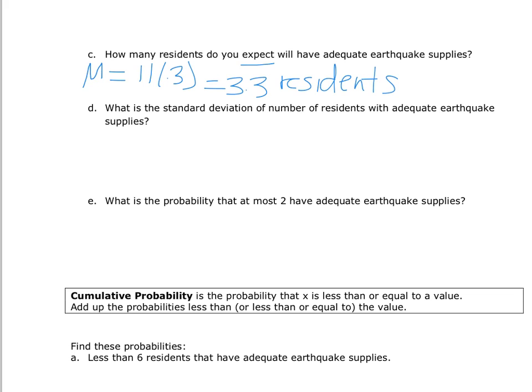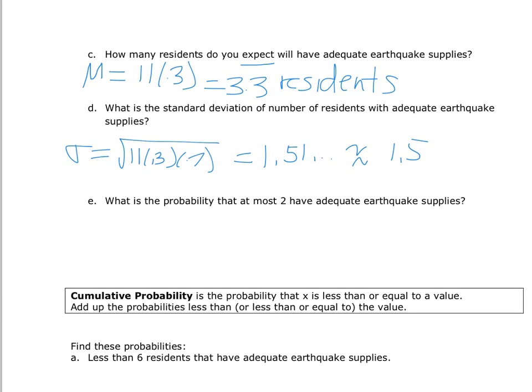And the standard deviation, we take this square root, and that's going to give us 1.51. If we round that to 1 decimal place, we get 1.5.